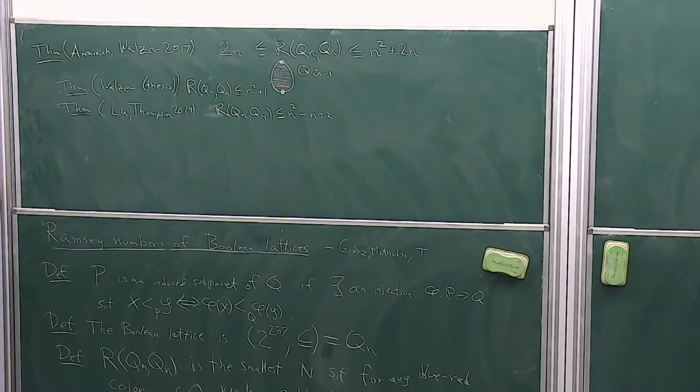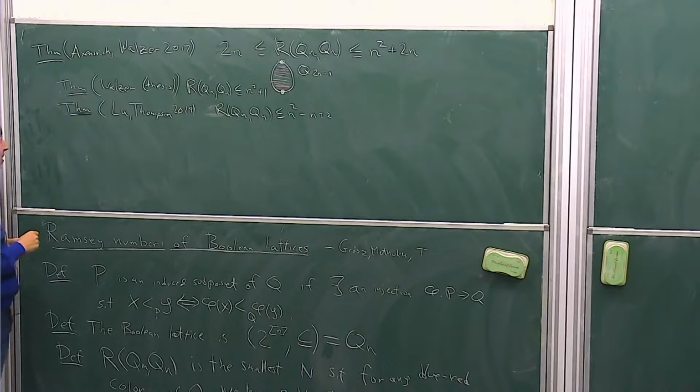And in terms of the lower bounds, well, there's been very little improvement on the lower bound for this beyond the naive one.